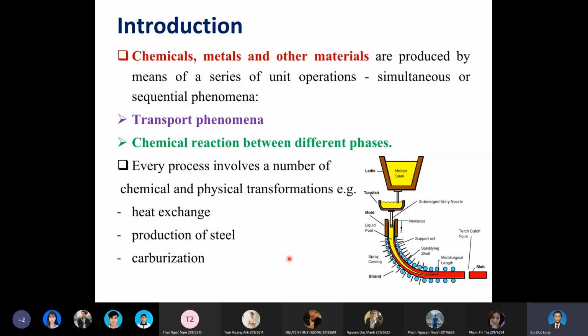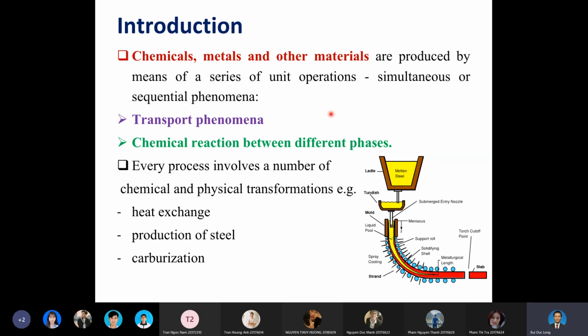The fundamental things you will study are transport phenomena and chemical reactions between different phases. Why do we have to study this? Chemical, metal, and other materials or equipment are produced by means of a series of unit operations, which involve transport phenomena and chemical reactions between different phases.